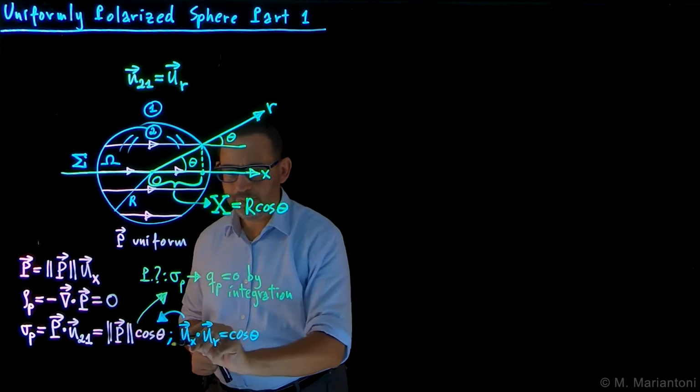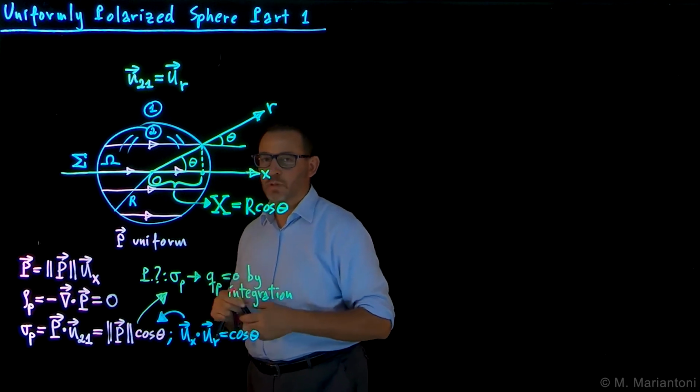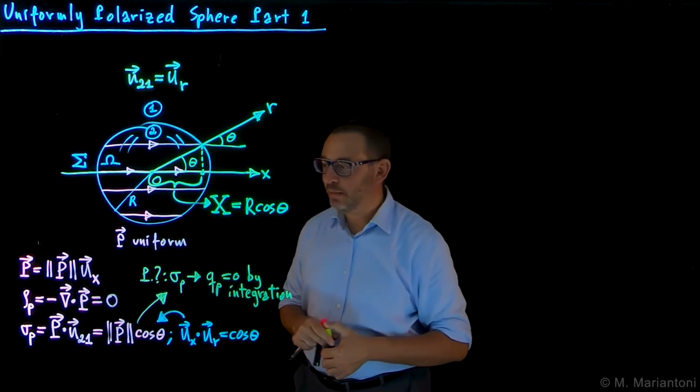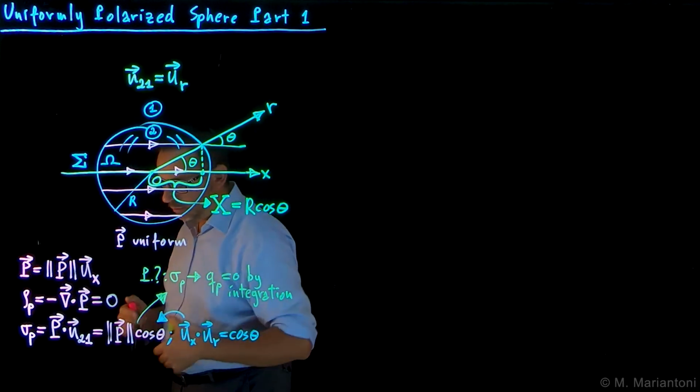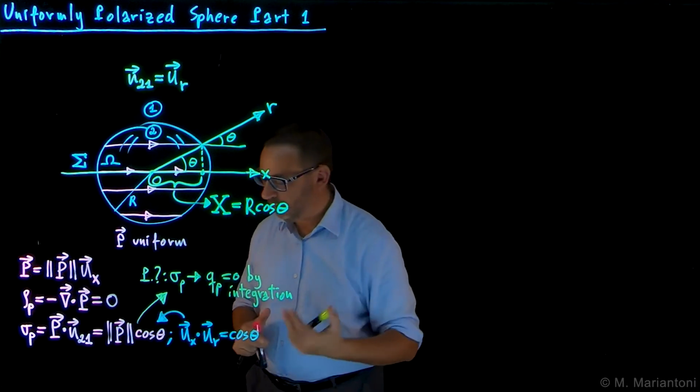You need to use, of course, this norm of capital P vector times cosine of theta as your sigma p in this case. And I want to show you that Qp is equal to 0 by integration.